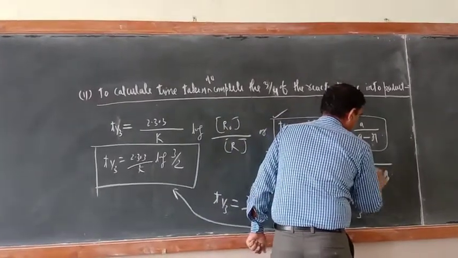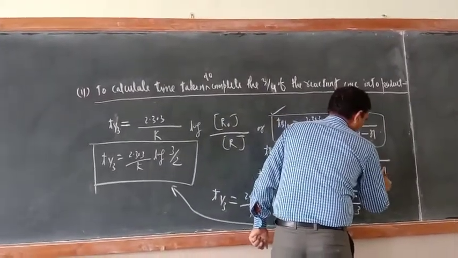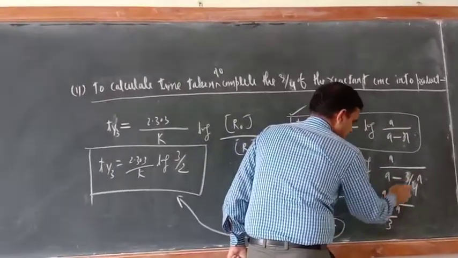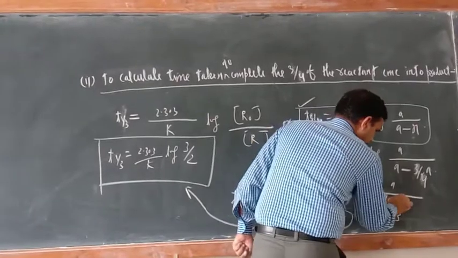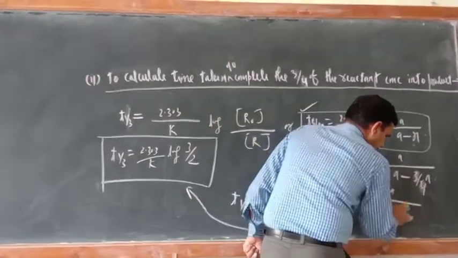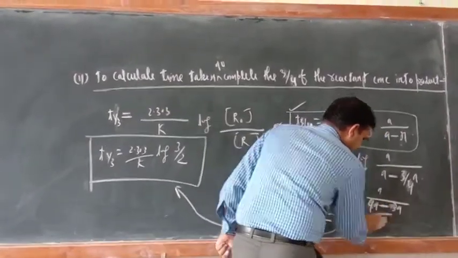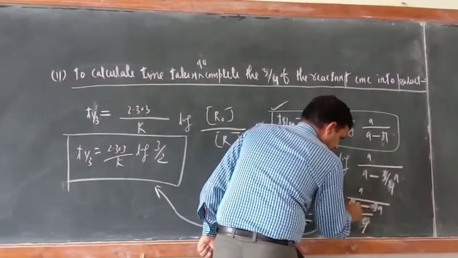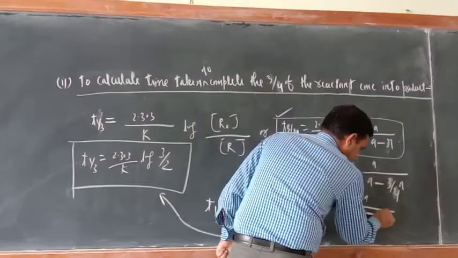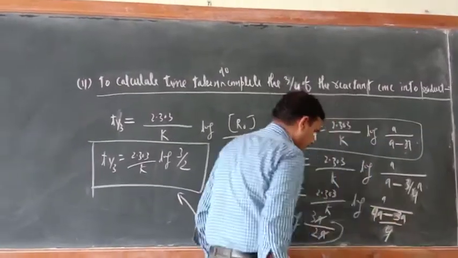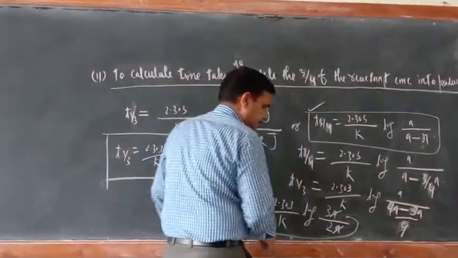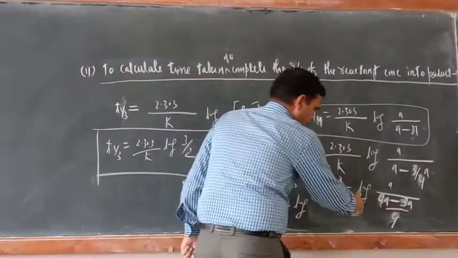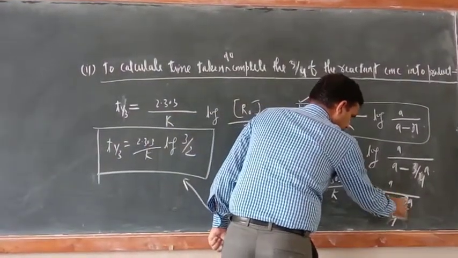Now if you see the expression, here we have 4A minus 3A by 4. So the expression becomes A divided by (4A minus 3A) by 4.